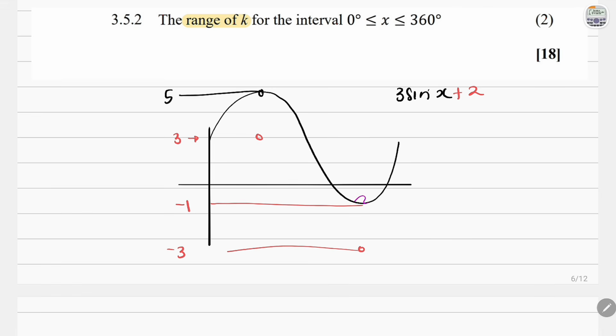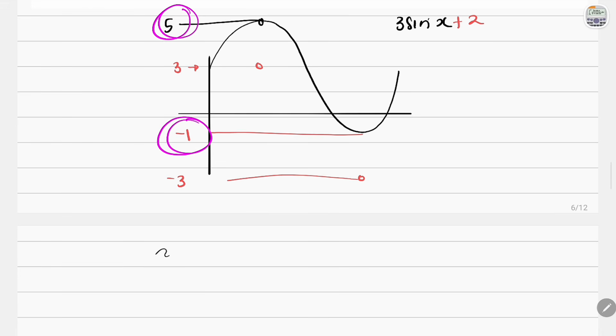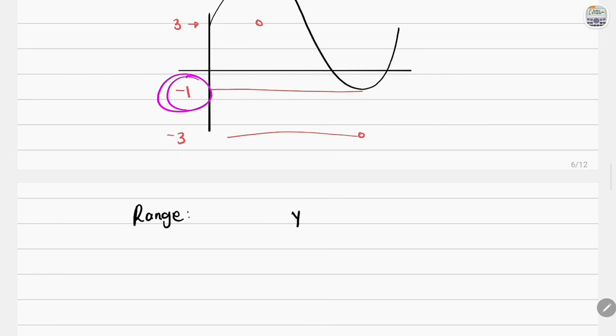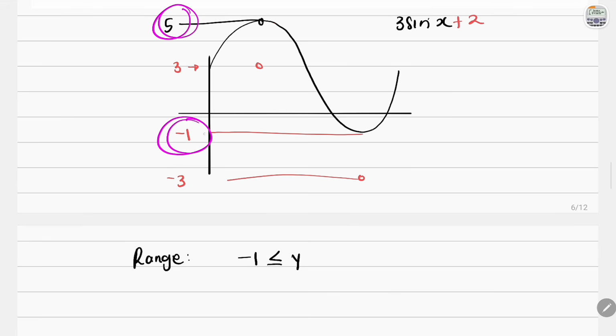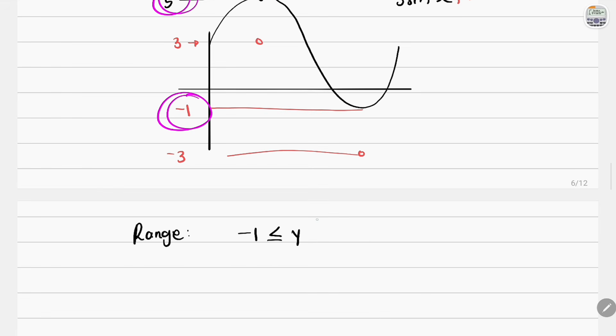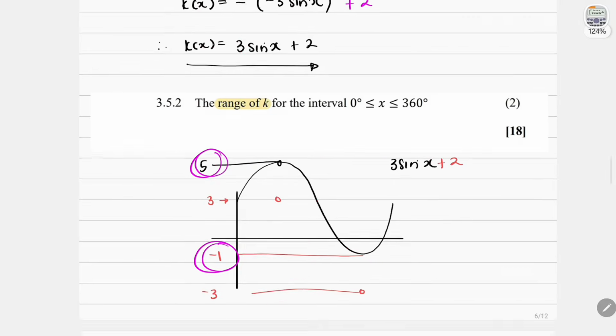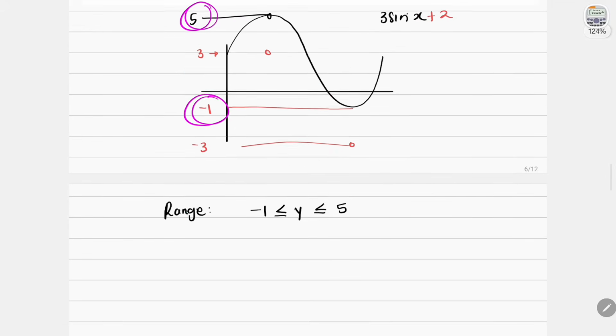It has values from negative 1 all the way to 5, and nothing beyond this and nothing below this. Meaning we can just tell them that our range is simply y values that are greater than or equal to negative 1, because it has a minimum value of negative 1, but less than or equal to positive 5. And that is our range, and that is it for that question.